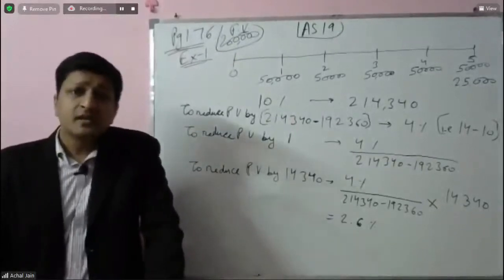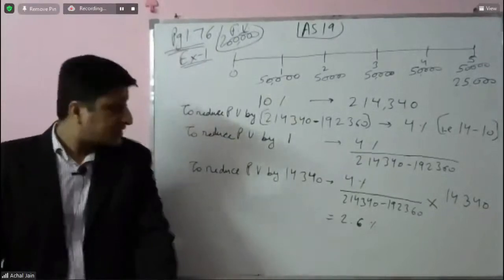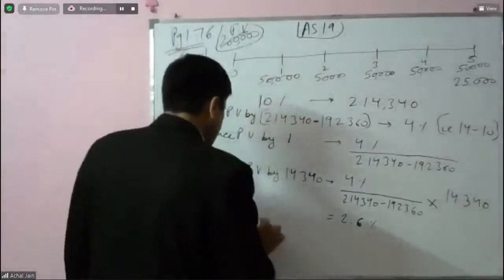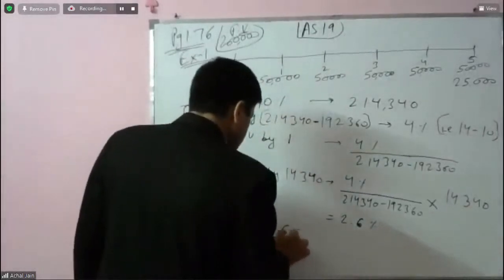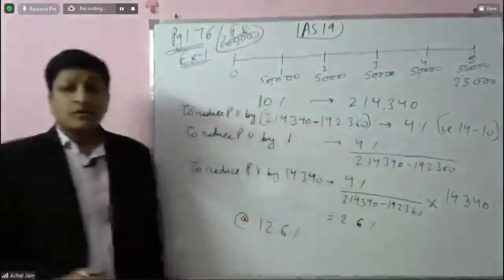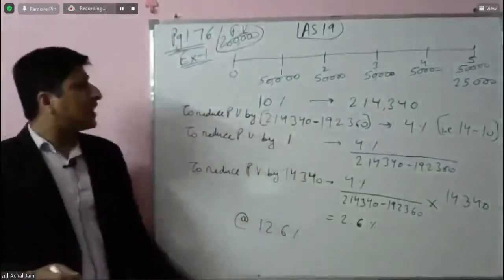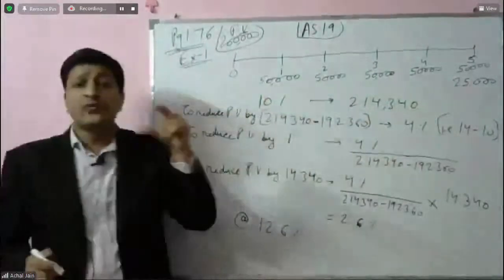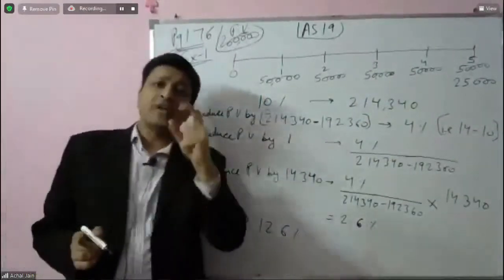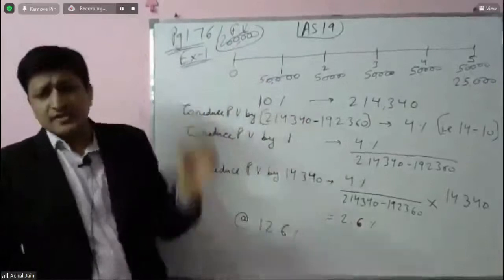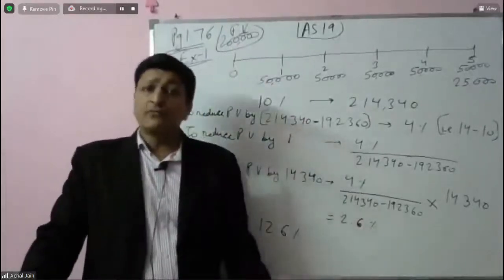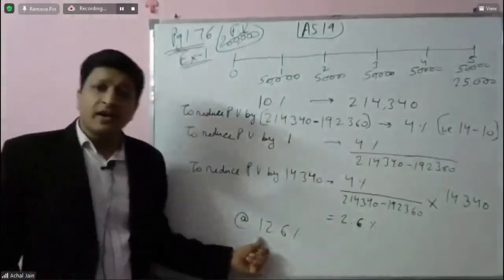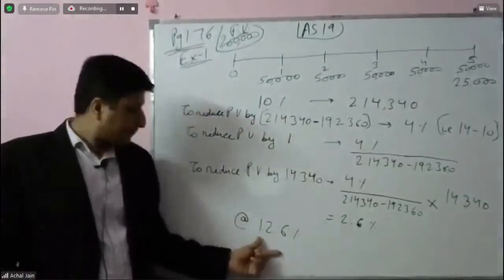So with this, what do we get? With this, we will get a rate of 12.6%. Which when applied to the installments like this will give me a PV of exactly 2 lakh rupees, and which would indicate my interest rate implicit in the lease.